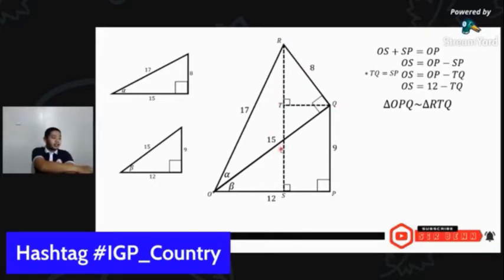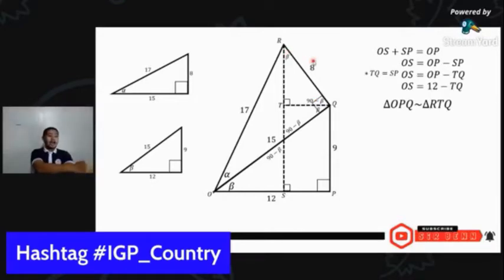This one is equivalent to 90 minus beta. Applying the vertical angle theorem, this one will also be 90 minus beta. Since this is a right triangle, this part is equivalent to beta. Again, this is a right angle, so by angle addition postulate, this will be 90 minus beta, and definitely this will be beta.